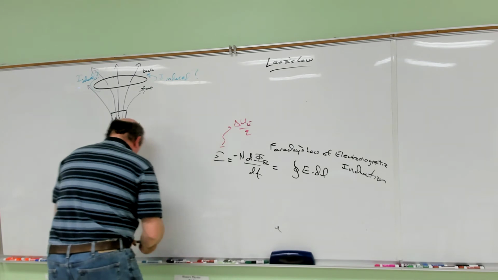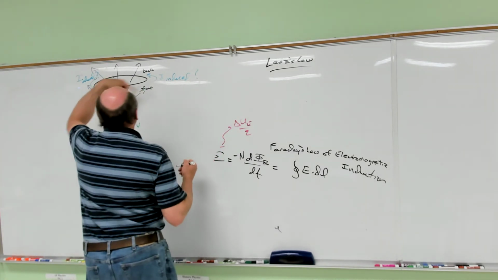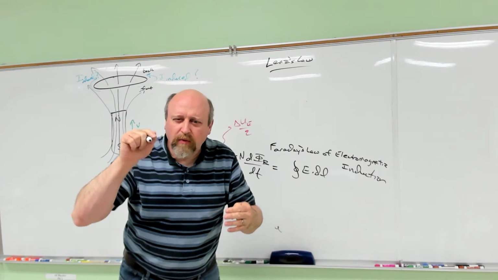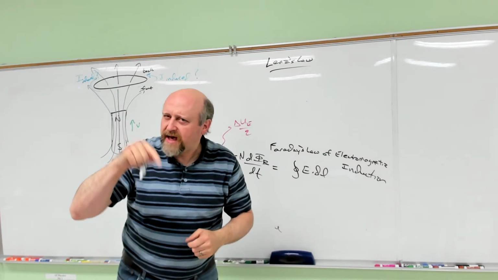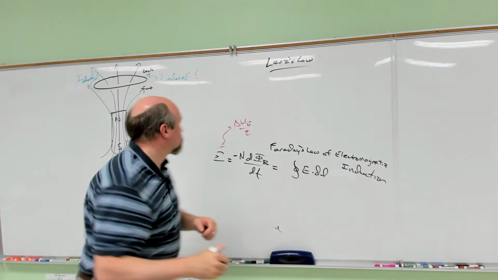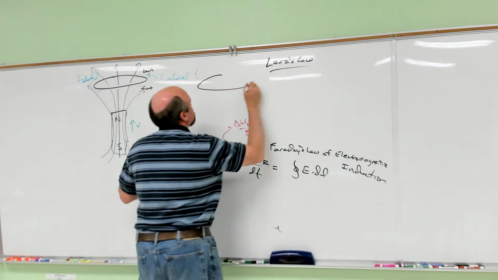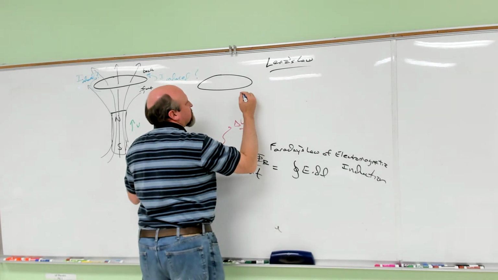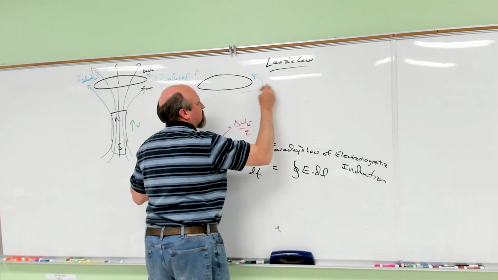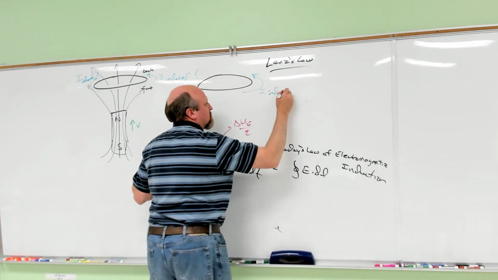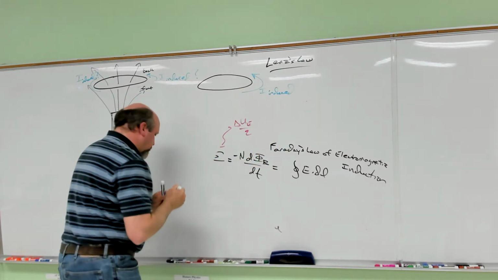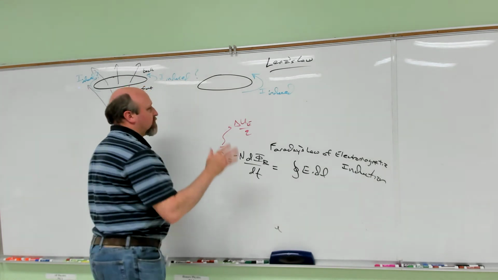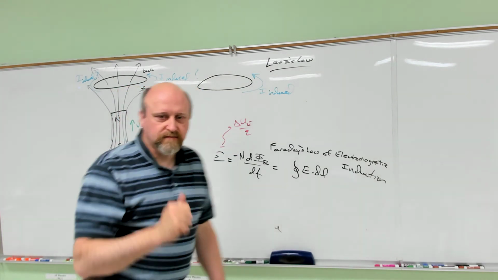If that's right, then the current flowing in the loop will make its own magnetic field. Here's that loop. If the induced current goes around this way, it'll make its own magnetic field. What will that magnetic field look like? This is where I use my right-hand rule.